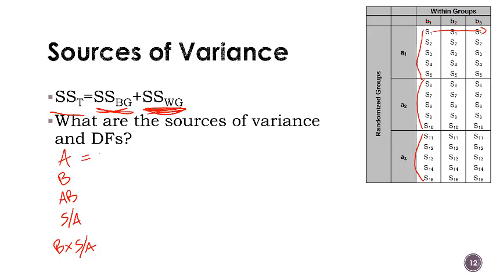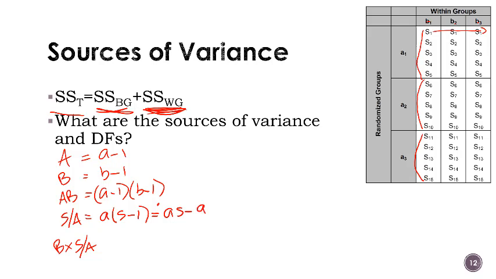So we're going to have A minus 1, B minus 1. These all look the same. A minus 1 times B minus 1. And then here we're going to have an A times S minus 1, which gives us AS minus A. And here we're going to have an A on the outside times B minus 1 times S minus 1.